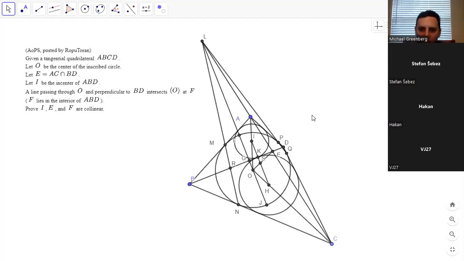I think we're close here. So if we know OS and E are collinear, then we know that GK over KE is OS over SE.